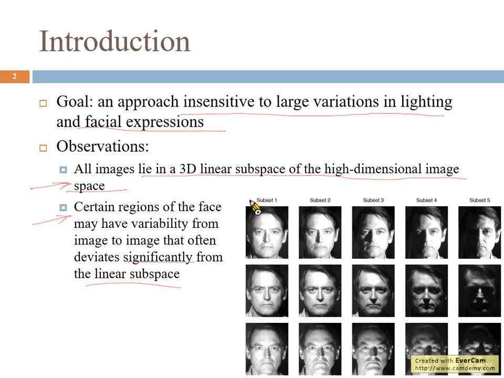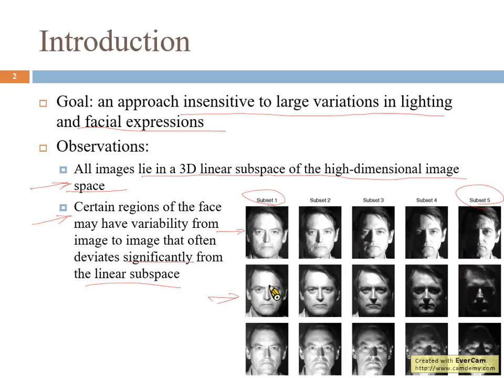From subset 1, we see that the light is basically frontal. From subset 1 to subset 5, we can see the lighting moving from the front of the face to the left, so at subset 5 the light source is at the left of the person, so the right face of this person is dark. This is the first row.